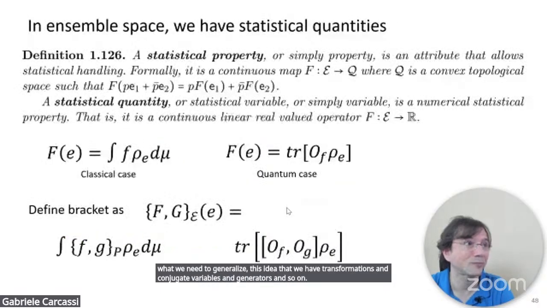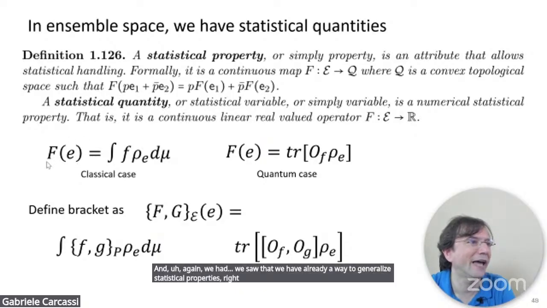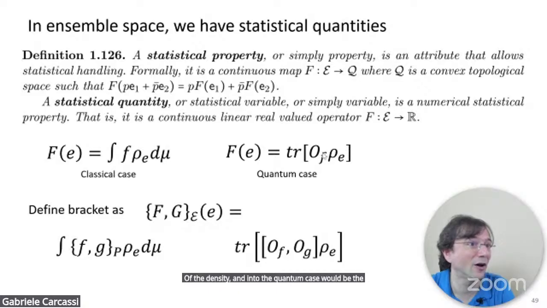So this is what we need to generalize, this idea that we have transformations and conjugate variables and generators and so on. And again, we saw that we already have a way to generalize statistical properties. In the classical case, it would be the integral of the density, and in the quantum case it would be the trace of the operator and the density matrix.